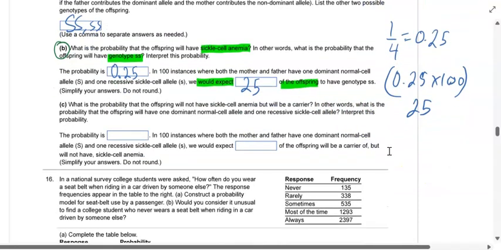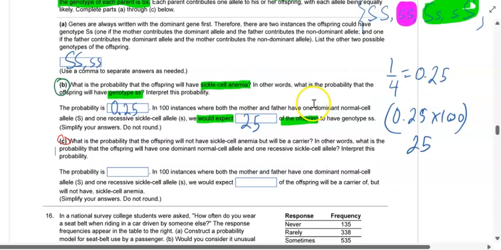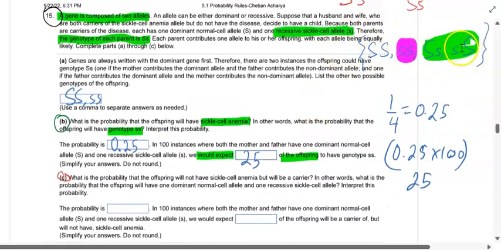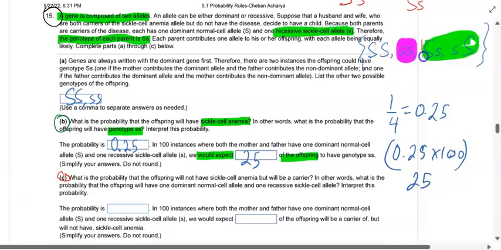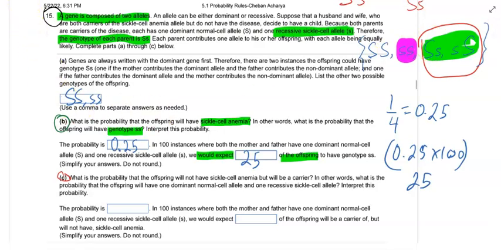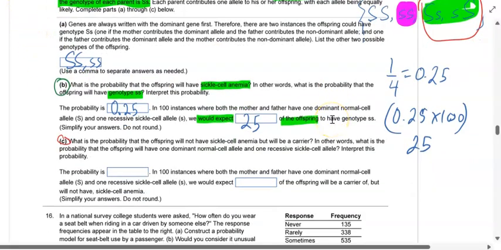Part C. What is the probability that the offspring will not have sickle cell anemia but will be a carrier? Out of 4 outcomes, the last 2 outcomes are carriers but do not have sickle cell anemia.